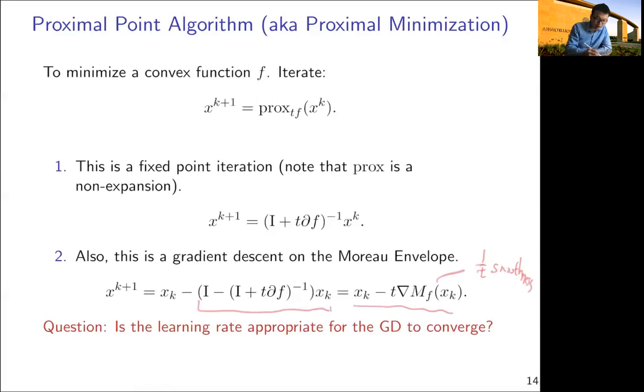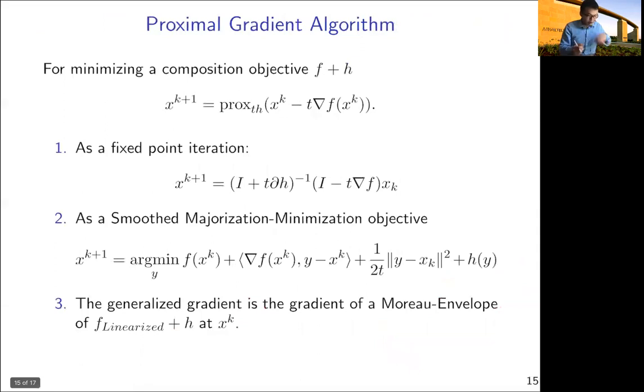So when L is equal to 1/t, the choice of this learning rate is naturally 1/L. It even gives you the largest possible learning rate from our gradient descent convergence theorem. So now let's talk about the proximal gradient algorithm. This will be the bottom line of this set of lectures.